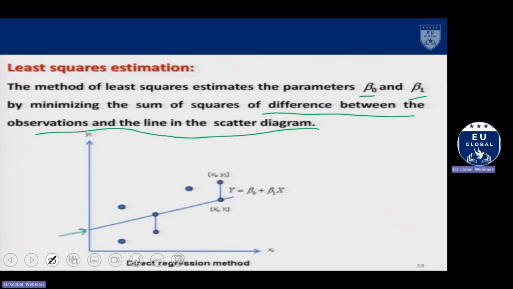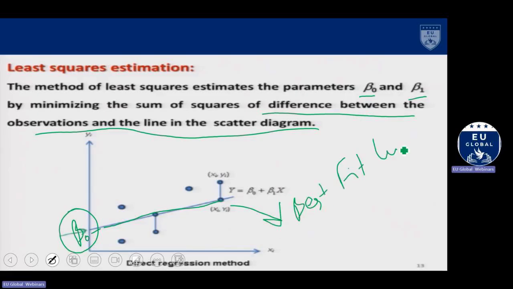So in this particular line, this is your beta naught, which represents the intercept, right? And these are the values which are on this line. This line is called the best fit line.